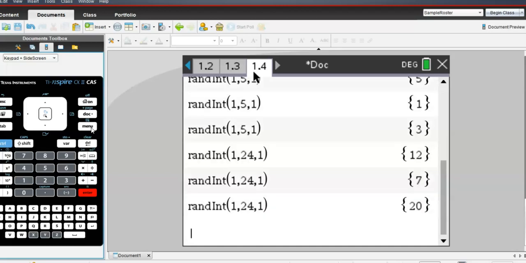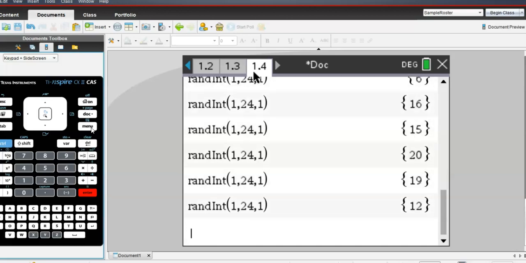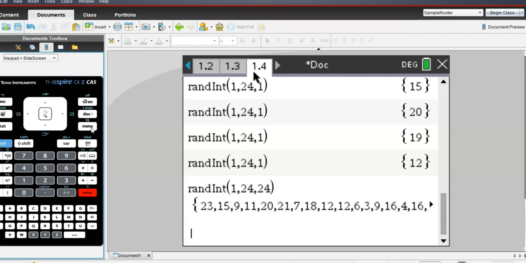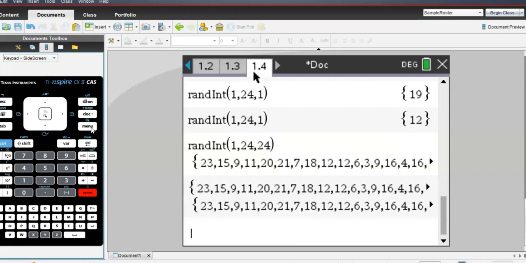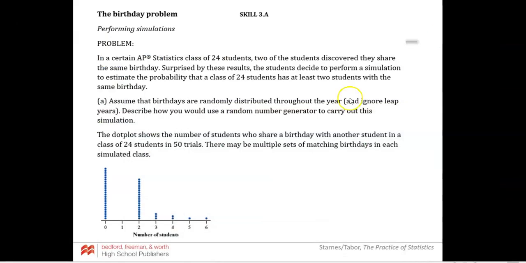So you go 2, 3, 4, 5, 6, 7, 8, 9, 10. Or you could do it this way. You could actually do 24, and if you mouse up there and press enter, you can see if there's any repeats in there. If there's a repeat, like I see 2 16s, so there's at least one pair of people that have the same birthday.